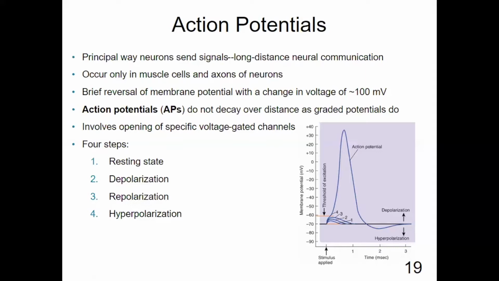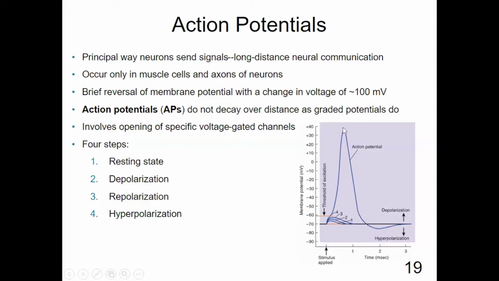So action potentials consist of 4 stages: the resting stage, depolarization, repolarization, and hyperpolarization. And if we look at this figure here, initially we have the resting stage, then we have the depolarization, which is this whole upward deflection of the membrane potential, and you see it can go as high as +30, +40 millivolts.